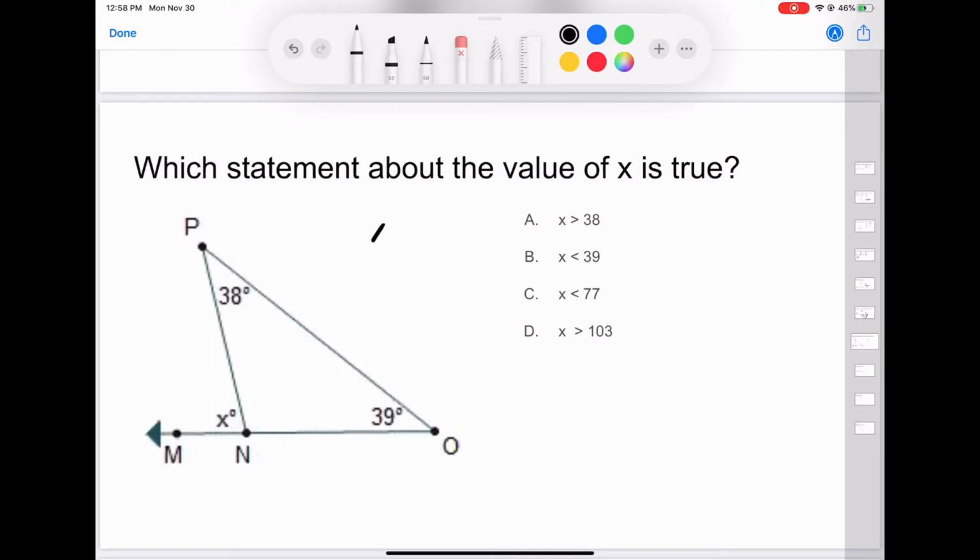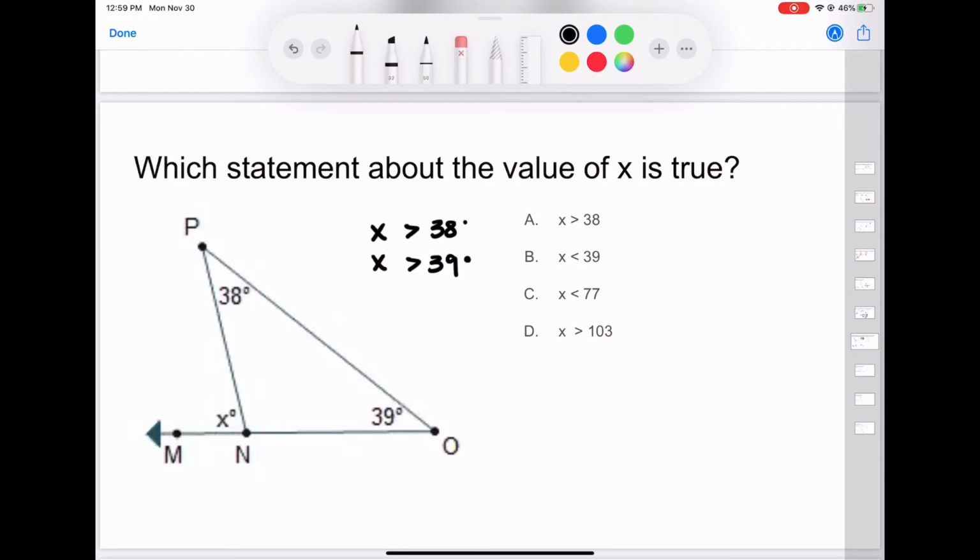That means x must be greater than 38 and x must be greater than 39. We also learned that from this we can solve for the measure of angle x. But in this instance we don't have to, because we're not looking for what x is equal to, but rather what x is greater than or less than.